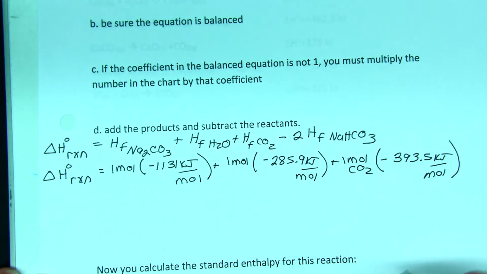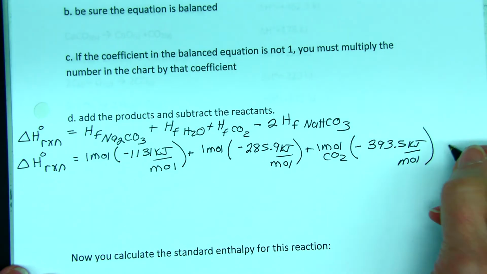So that's all my products added in. Now I subtract the reactants.